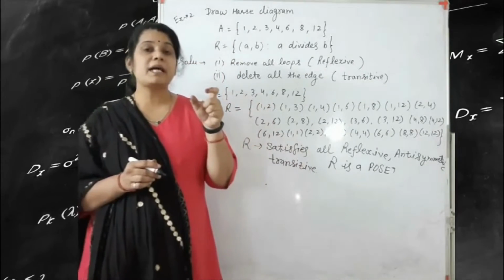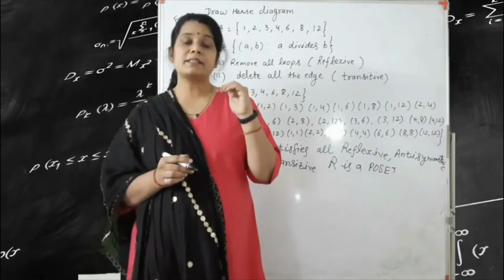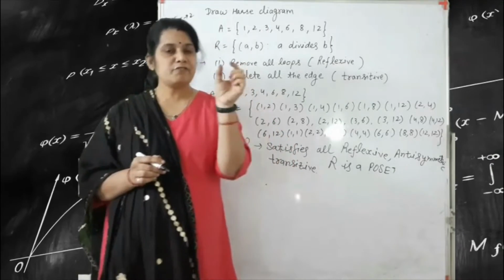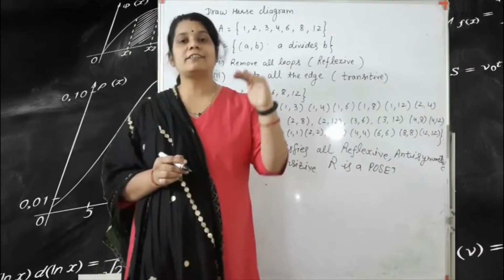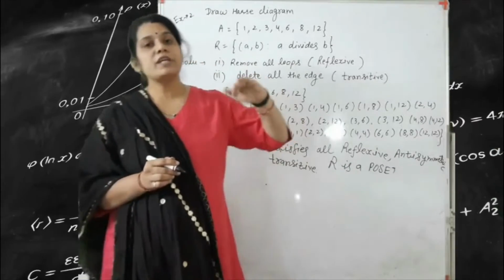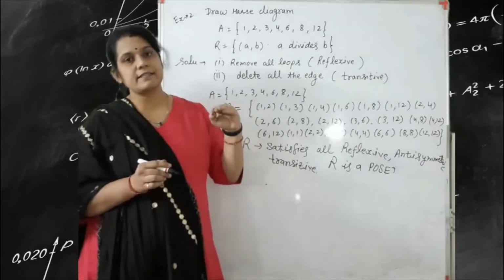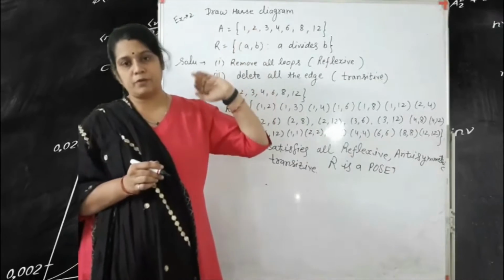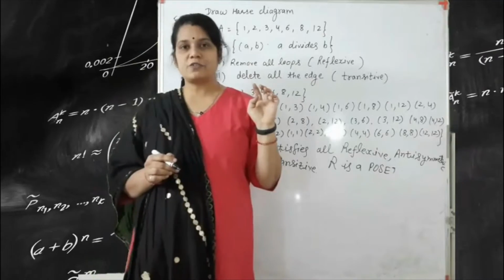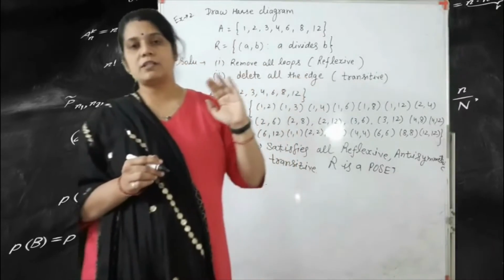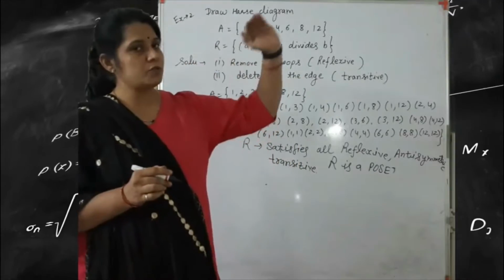So what do you mean by the antisymmetric? So antisymmetric property, that means what? If a is related to b, then b is not related to a. Okay, so we always draw the Hasse diagram from bottom to top. Okay, that means 1 is related to 2, but 2 is not related to 1. So always keep in mind, you draw the Hasse diagram bottom to top.